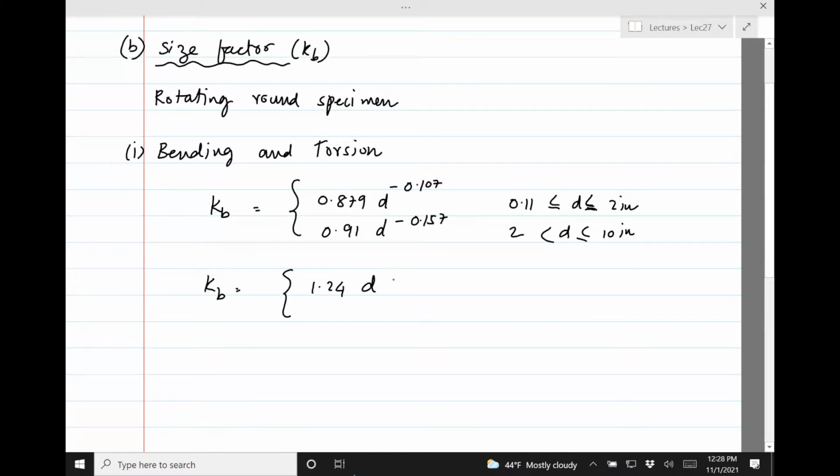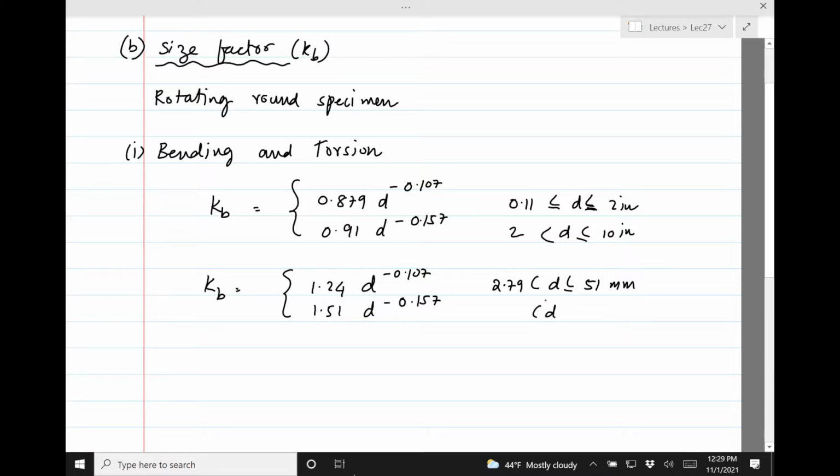1.24 d raised to, then 1.51 d raised to 157, and the top one is for 2.7951 millimeters.